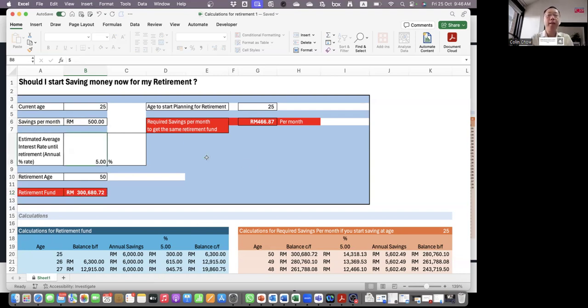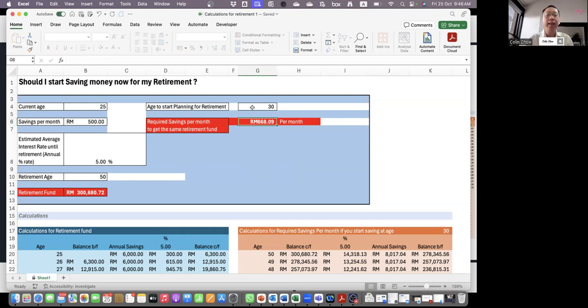But if he were to delay starting to save money for 5 years, so he starts saving at age 30, to be able to get the same amount of 300,000 when he retires at age 50, he will need to save 668 ringgit every month.